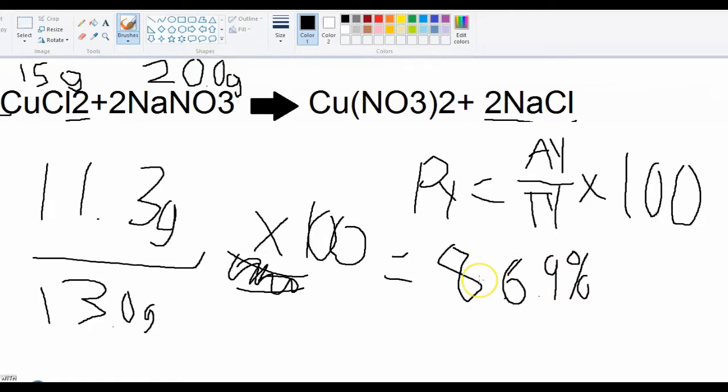That is what you should get at the end of it. So what this is saying is that most of the time when you run this, you will be getting 86% of your theoretical yield. That is what this is saying.